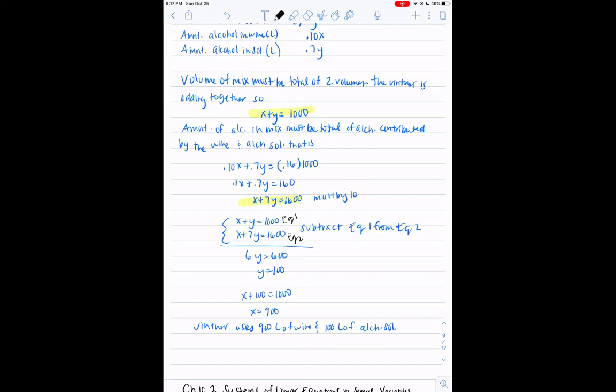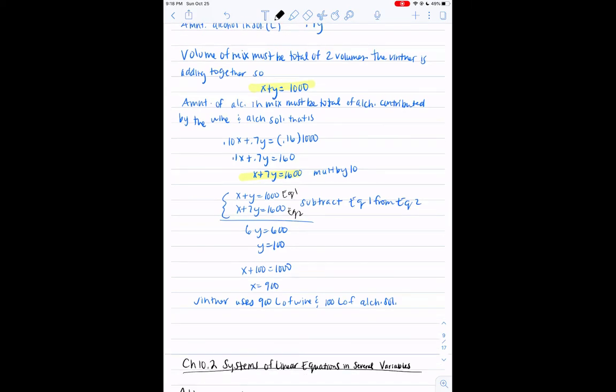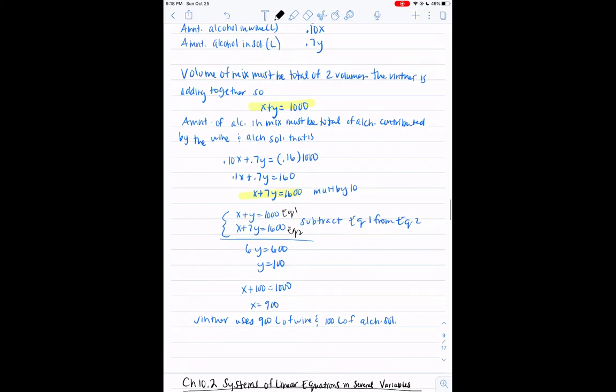So it's essentially just multiplying equation 1 by a negative and then adding. So I get 6Y equals 600. Divide by 6, I get Y equals 100. And then I could plug that into my equation. So I have X plus 100 equals 1,000. So X equals 900. So the vintner uses 900 liters of wine and 100 liters of the alcohol solution.